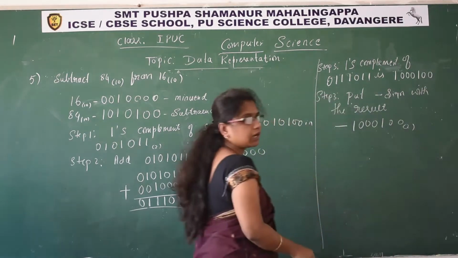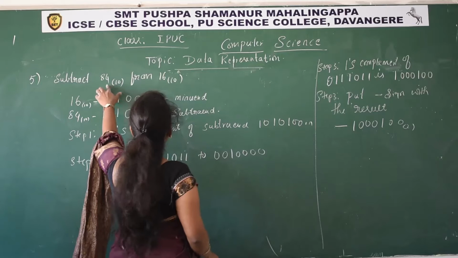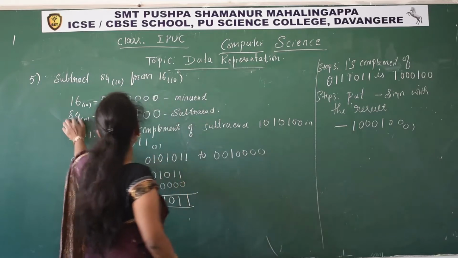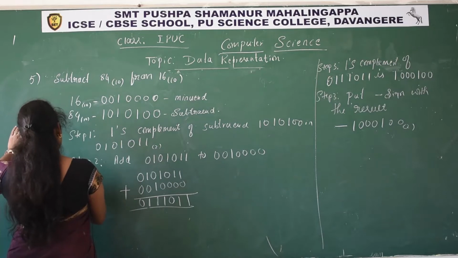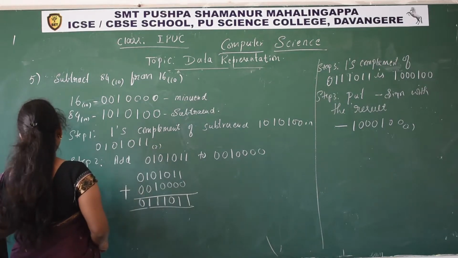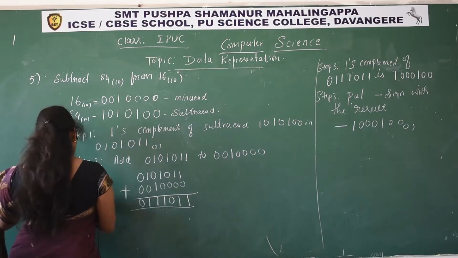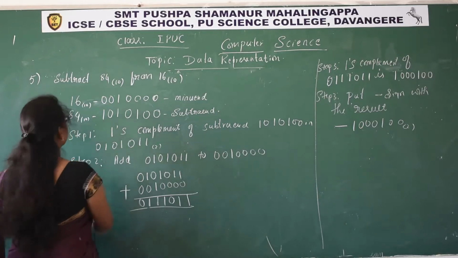Let us see what is the value of that. 16 minus 84. What is the answer? 68 we have to get.